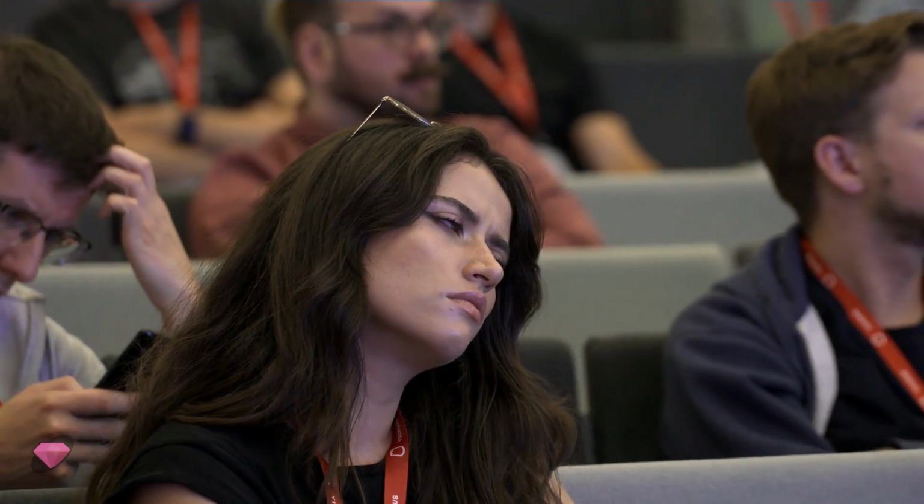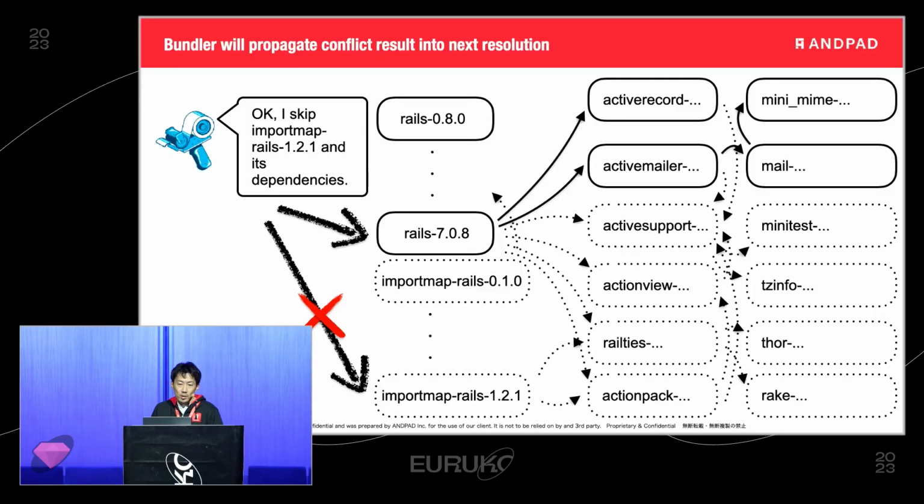I illustrate this situation. So Bundler and PubGrub ignore importmap-rails and its dependencies like this. And PubGrub will propagate this information with the next try.